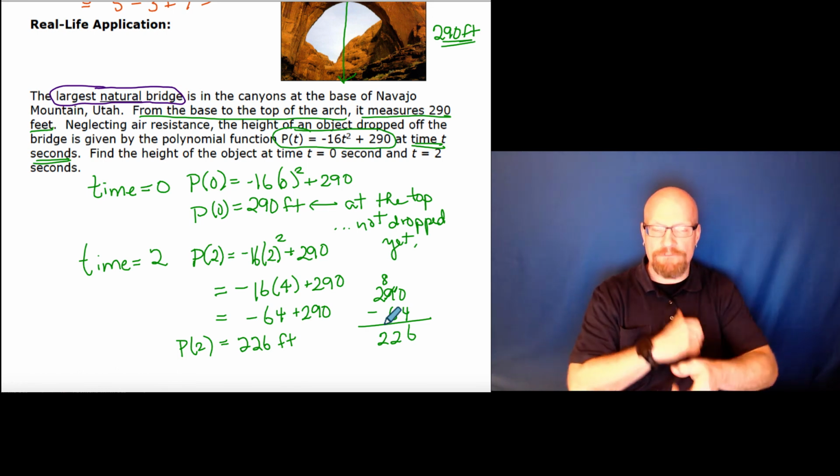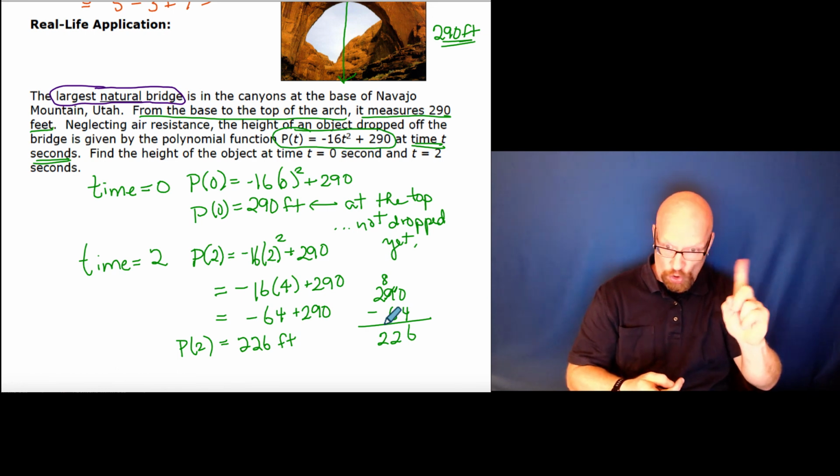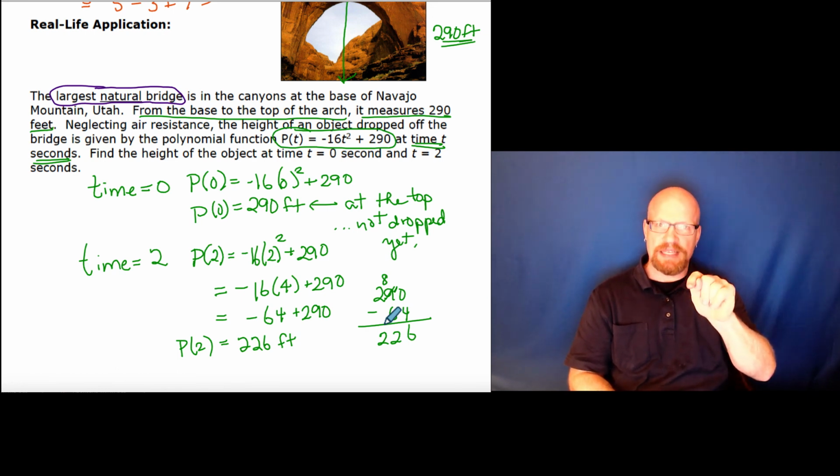So that's the answer, and it makes sense. After 2 seconds, the object has been falling, and right now it's at 226 feet.